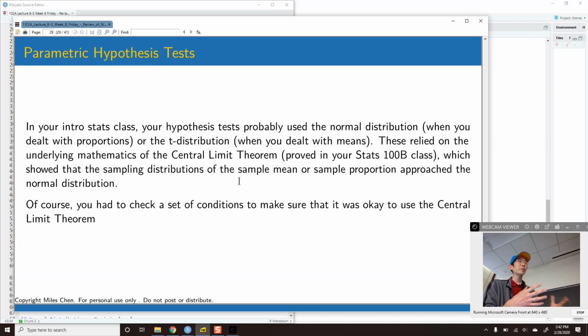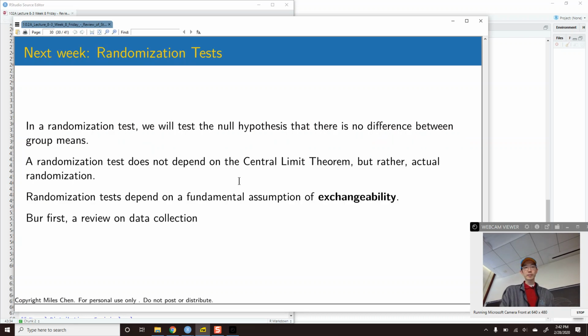So there are parameters that define these distributions, and so we call these parametric hypothesis tests. And to work with these things, you have to use the central limit theorem and stuff like that. On Monday, we'll come around and we'll start looking at randomization tests.